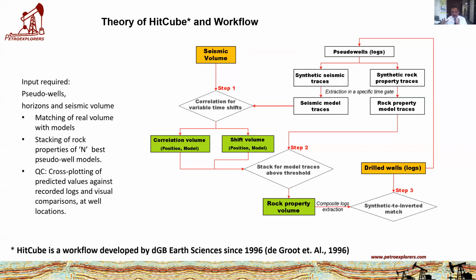If you have thousands of models with variation, you can find the best five models which match that trace, and take the average of those models, and that would give you that trace. So it's a trace-by-trace inversion, which allows every trace to be represented by the properties built in the pseudo wells.